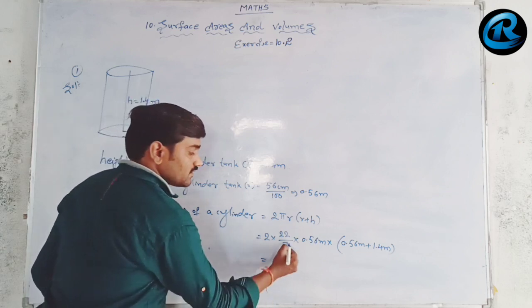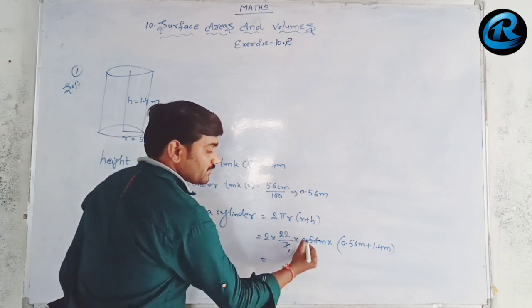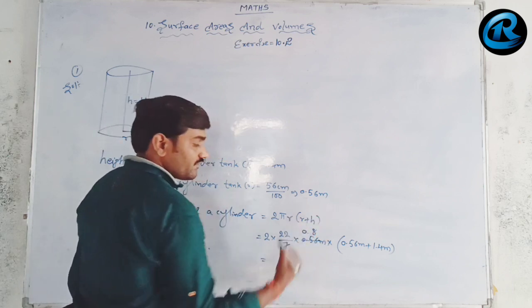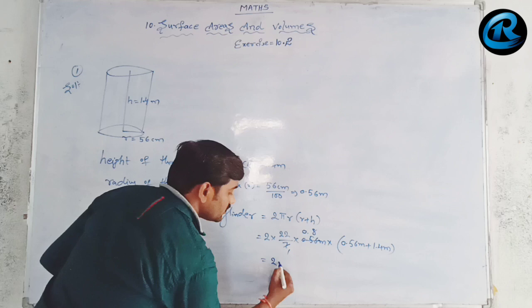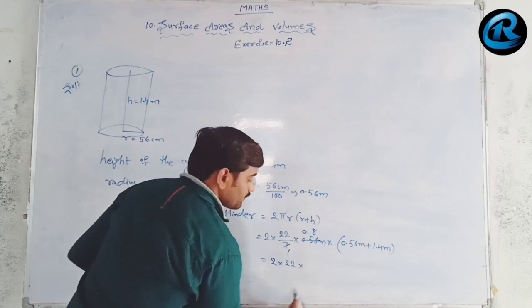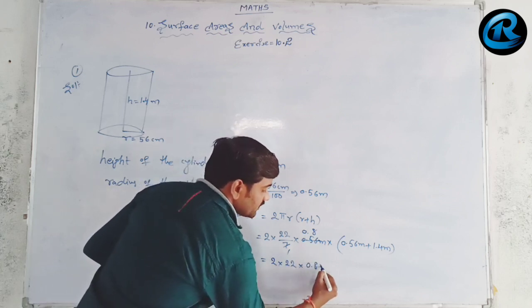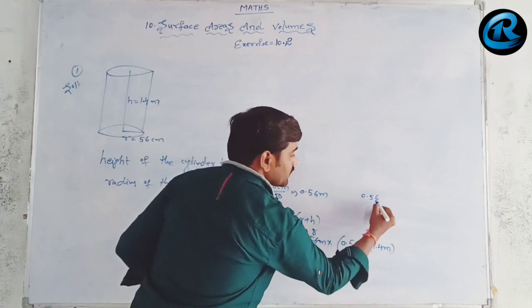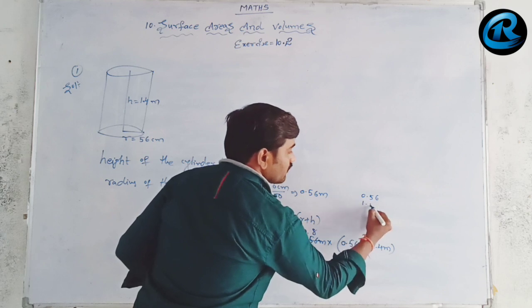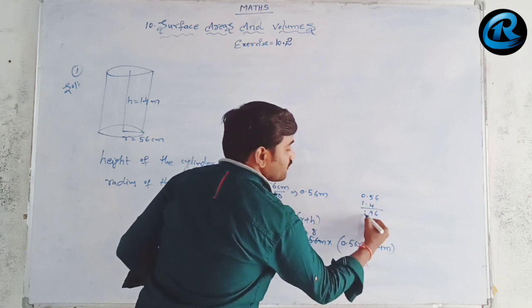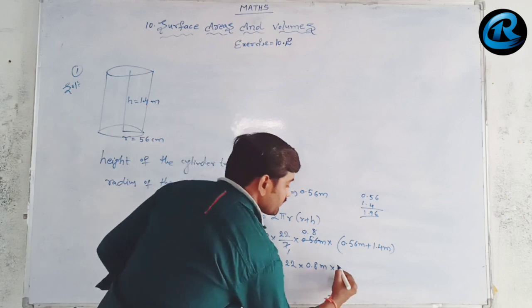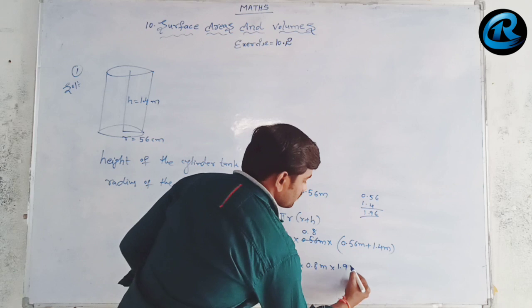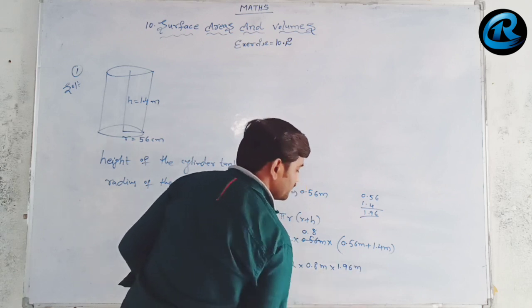So here 7 ones are 7, 7 8s are 56. So 2 into 22 into 0.08 meters into 0.56 plus 1.4, which is 1.96 meters.